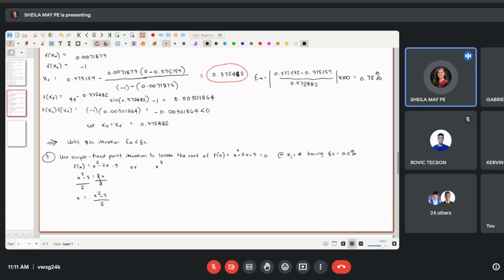Or x squared equals 2x plus 3. So square both terms. So this is x equals square root of 2x plus 3. We also have that one.